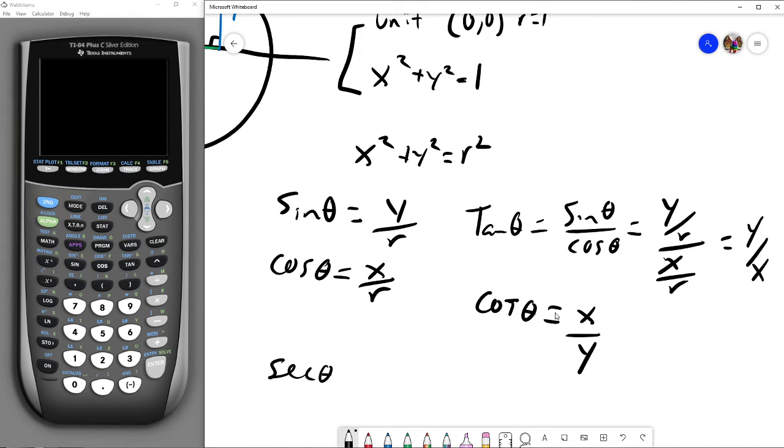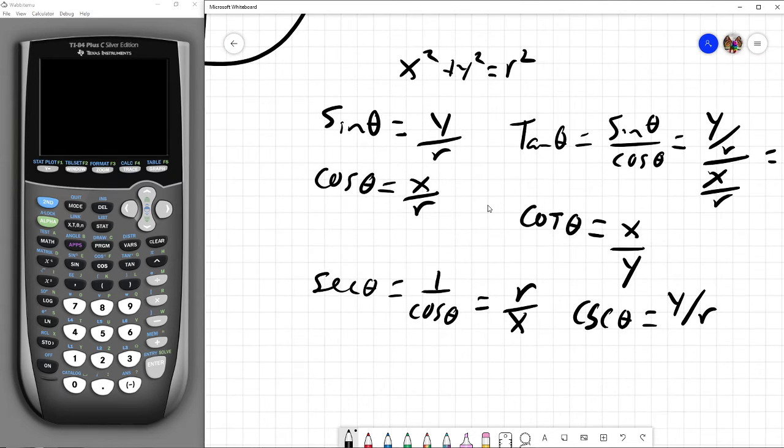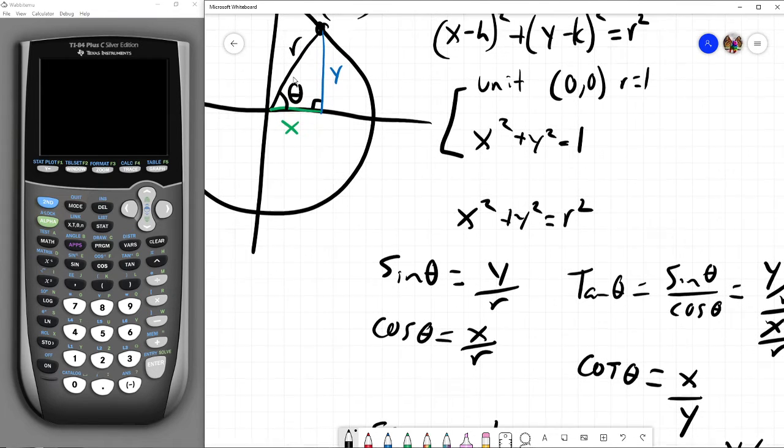Secant theta was 1 over cosine theta, which means it's just r over x, and that leaves cosecant theta to be r over y, since it is 1 over sine. Now, this gives us the relationship between our 6 trig functions and the sides of, notice, a triangle here.